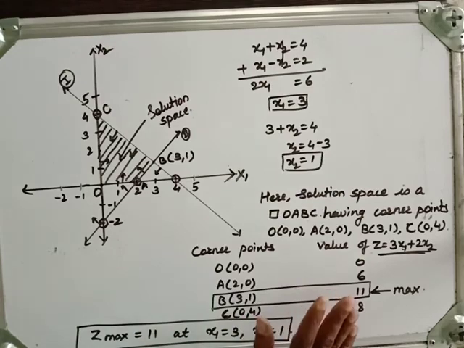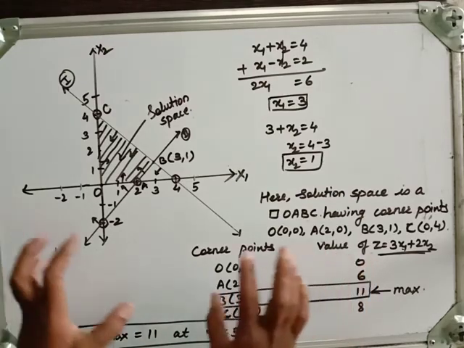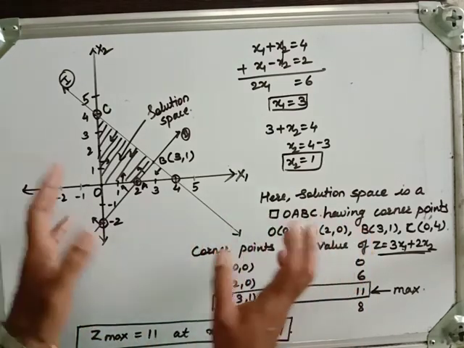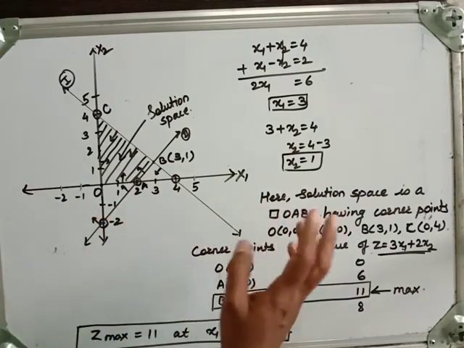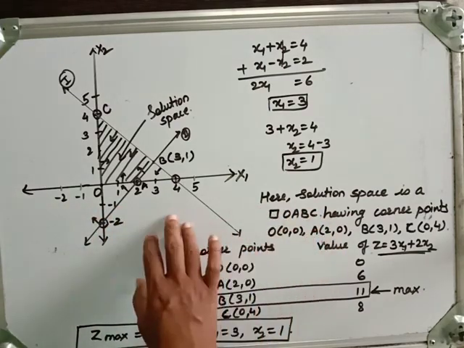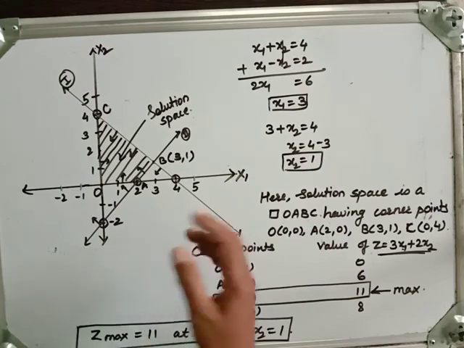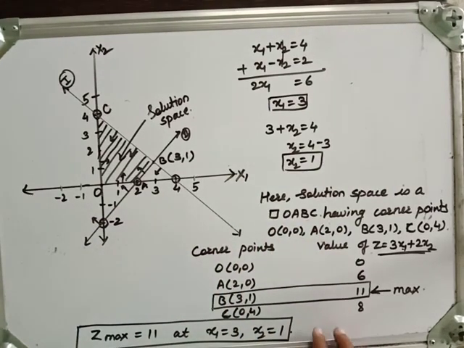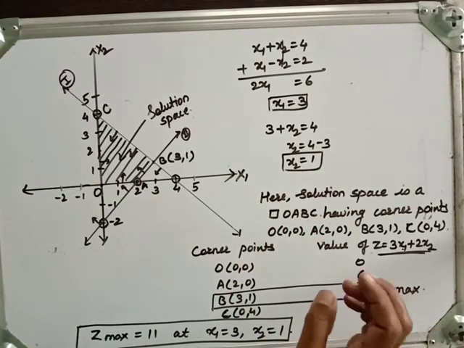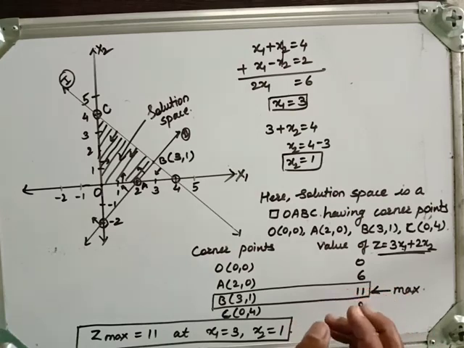But if 2 variables are there, such a combined problem may be asked: first find the solution using simplex and then verify using the graphical method. Okay, in the next video we will see the next type, that is the alternate solution case. Thank you.